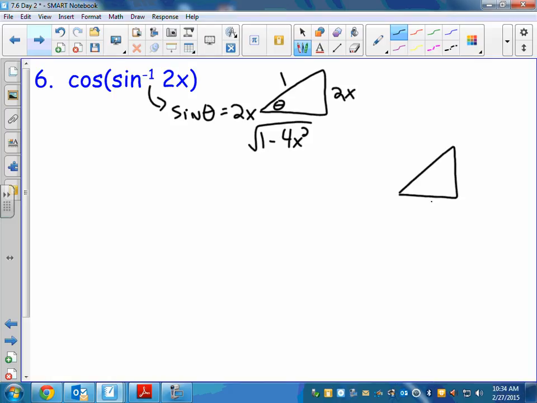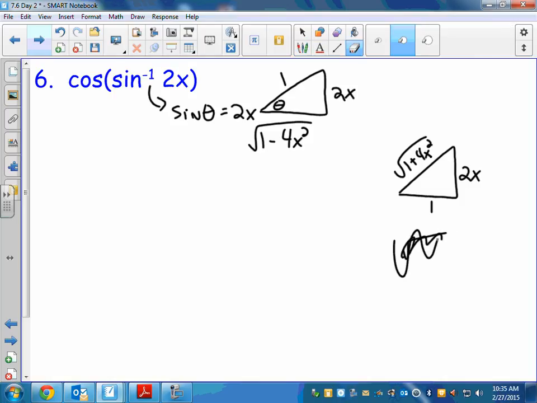Like if this was 1 and this was 2x, and you're solving for this, doesn't it make sense that that's going to equal the square root of this plus this? So that would be 1 plus 4x squared. I was very confused by their question because they were wanting a shortcut. Like, how do I know when to add and how do I know when to subtract? And I said, oh, it's just Pythagorean theorem. But that is the shortcut. If you're solving for the hypotenuse, you would always add. If you know the hypotenuse and you're solving for one leg, it's always subtracting. So, just in case you're wondering.